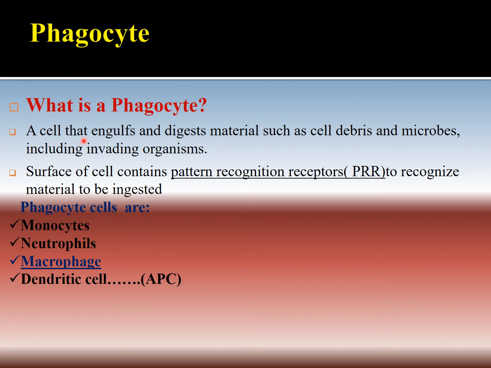It is a cell that engulfs and digests material such as cell debris and microbes, including invading organisms. The surface of these cells contains pattern recognition receptors, PRR, to recognize and bind material to be ingested. There are many types of phagocytic cells: monocytes, neutrophils, macrophages, dendritic cells, or antigen-presenting cells. But the macrophage is the most important phagocyte, playing an important role in the phagocytosis process.